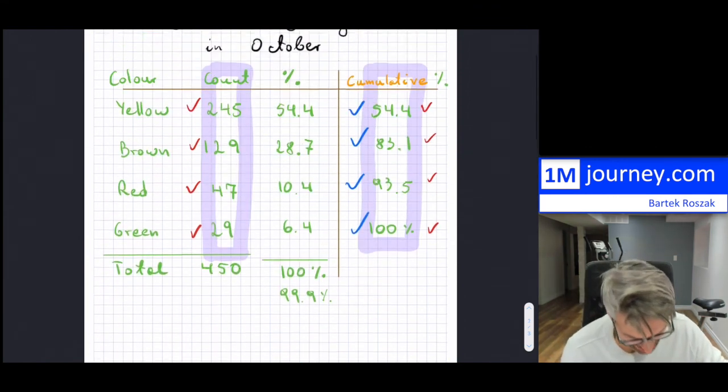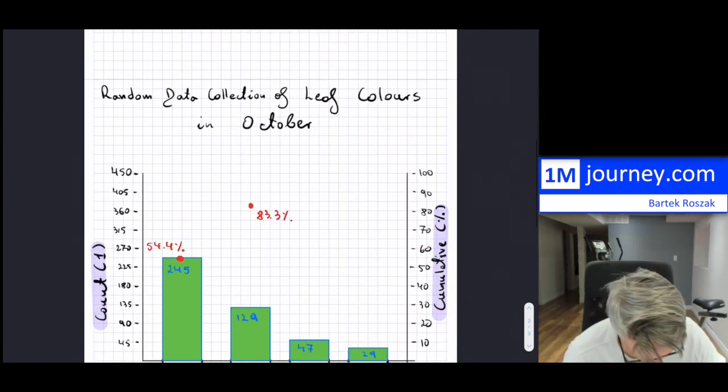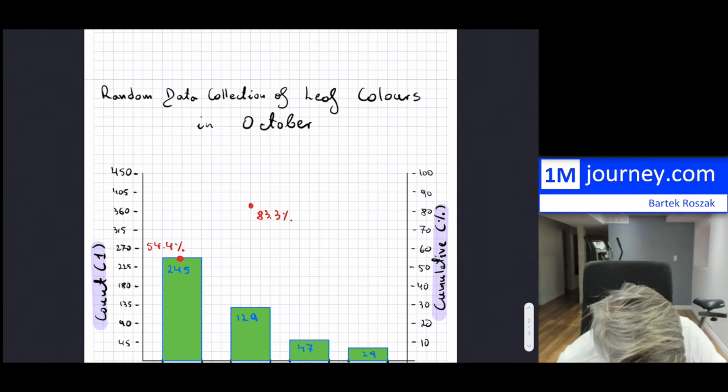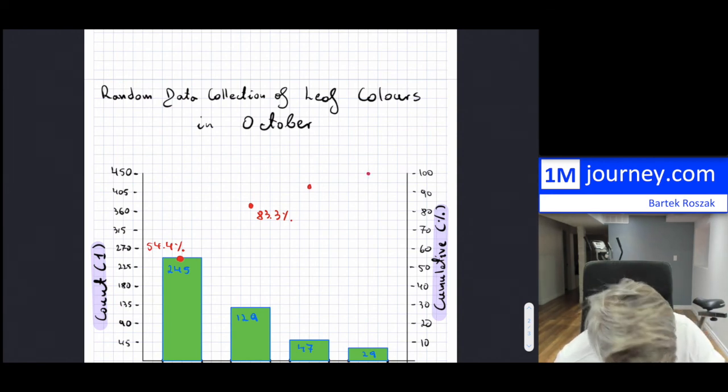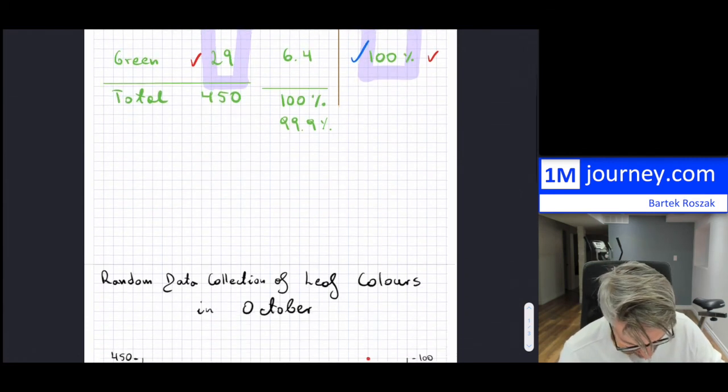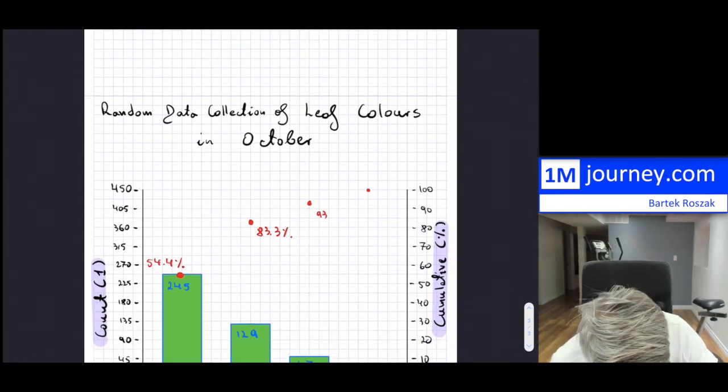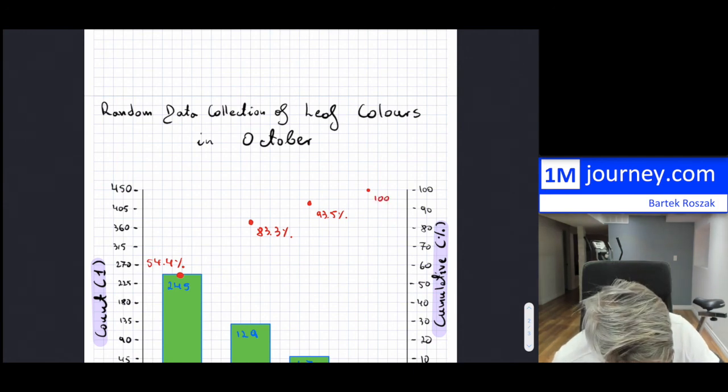Now the next item is 93.5. So we're almost all the way to the top. 93.5 is going to be somewhere along here. And then the last one is at 100%. All right, so there are your points that you have. 93.5, and then this one is at 100%.